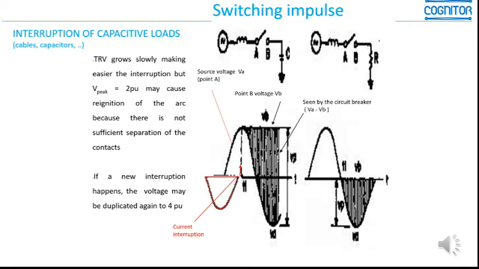That is the main reason why, if you are interrupting one capacitive current, you have fundamentally one 2 per unit voltage applied to the circuit breaker or to the fuse or to the equipment which is open in the circuit.